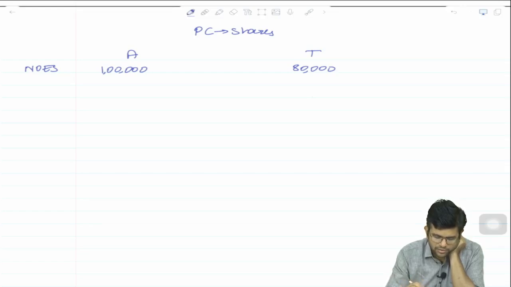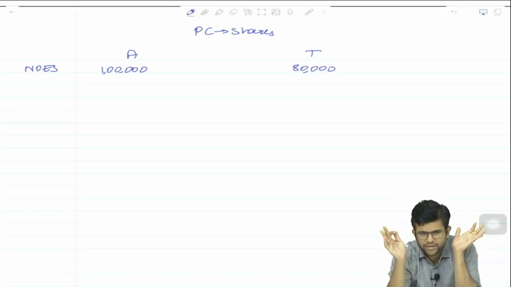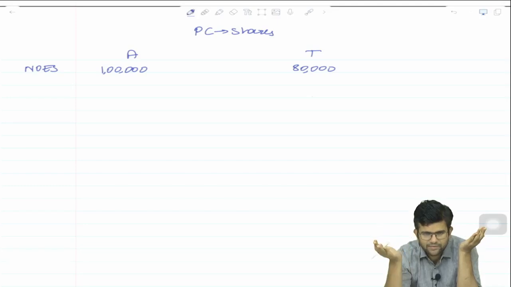What I am showing in front of you is the pre-merger data. Pre-merger, T is having 80,000 shares. Pre-merger, A is having 1 lakh shares. Now A will take over T's entire ownership, but for that A will have to issue shares to the existing shareholders of T. Everybody clear?